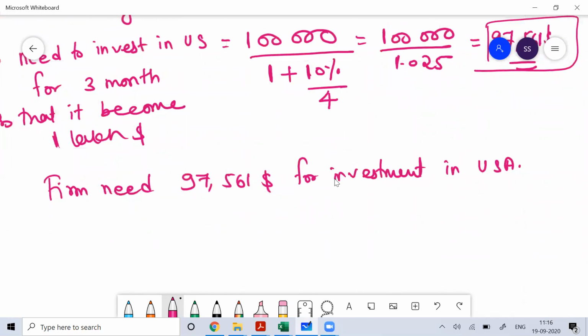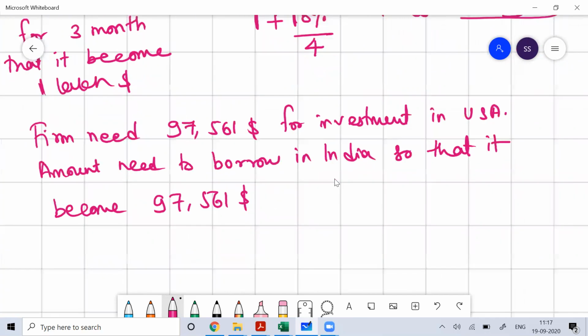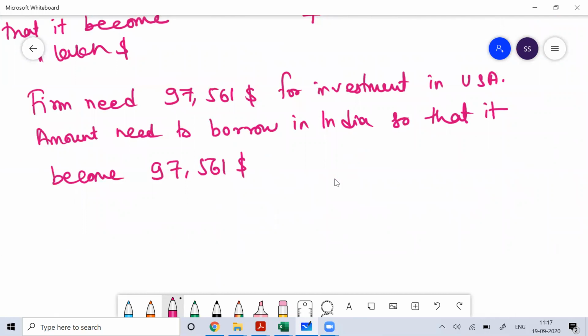So how much do they need to borrow in India, so that it becomes 97,561 dollars? For that you need the current spot rate.